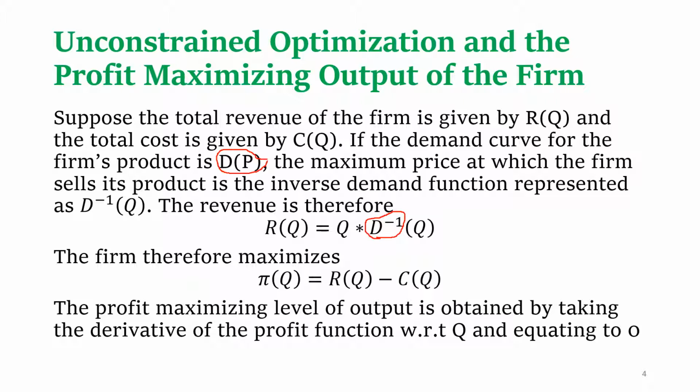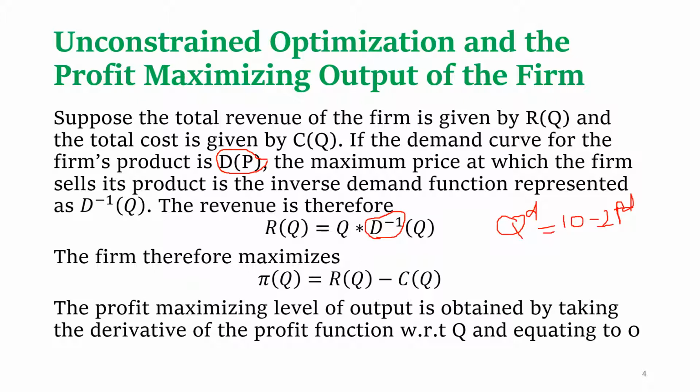And if you are given the direct demand function, which expresses the demand as a function of the price, you have QD, let's say, equals 10 minus 2 PD, right? So this is the direct demand function.